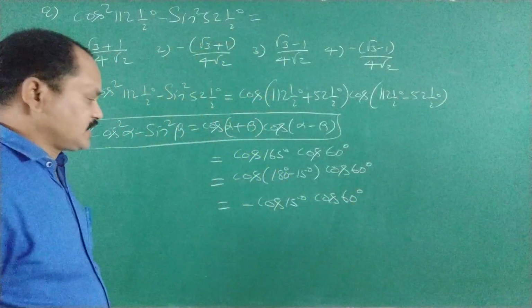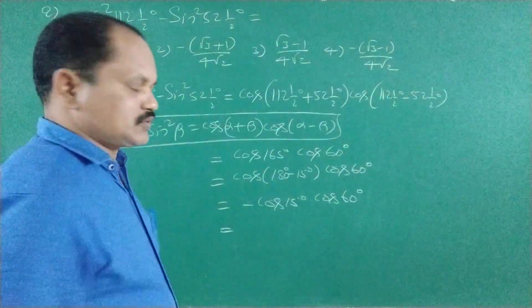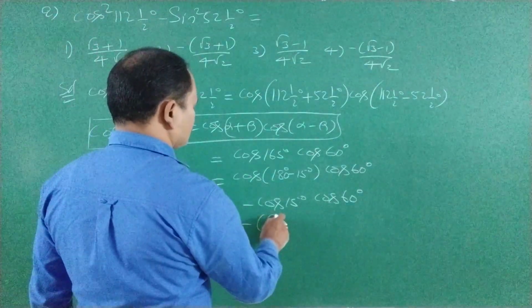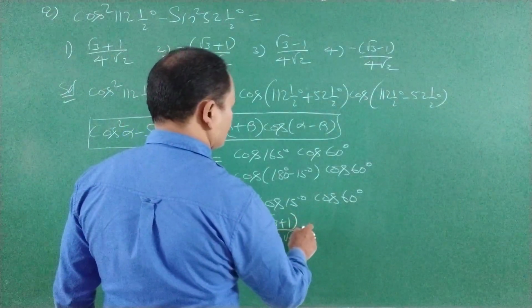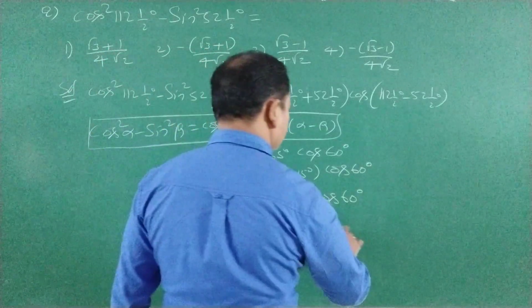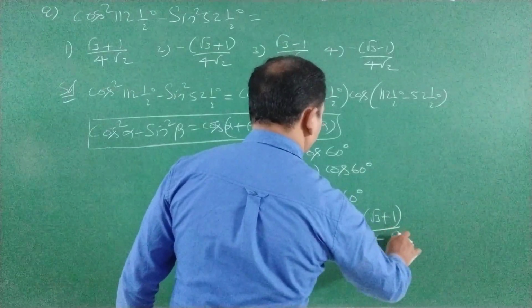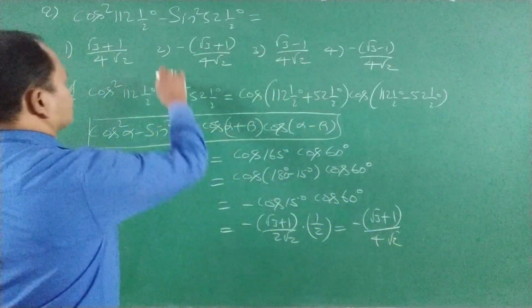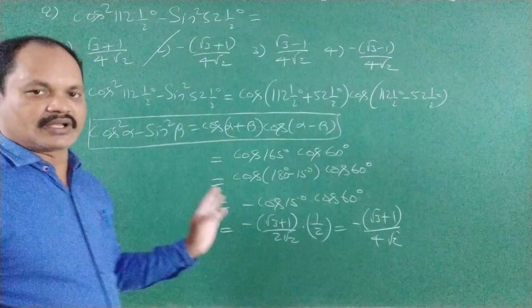Cos 15 degrees is (root 3 plus 1) by 2 root 2, so minus of (root 3 plus 1) by 2 root 2 into cos 60, which is 1 by 2. That's why the final result is minus of (root 3 plus 1) by 4 root 2. So that is the second option, the value of the given question.